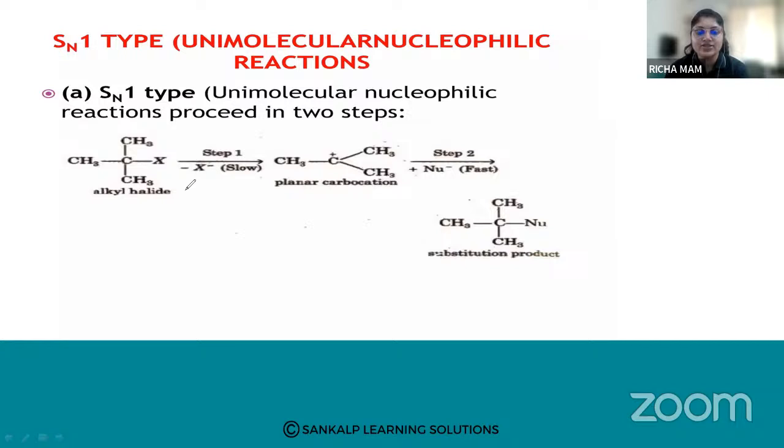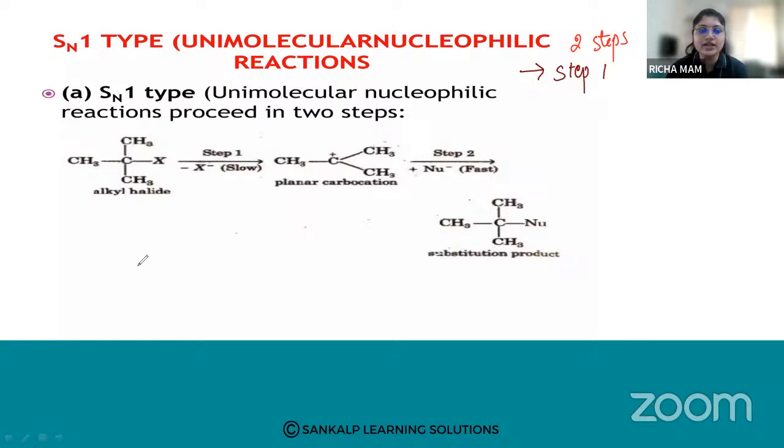It proceeds via two steps. The mechanism involves two steps. Step one is a slow step.